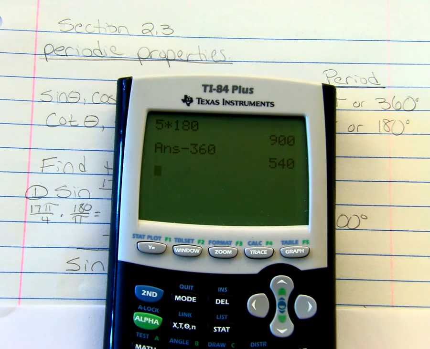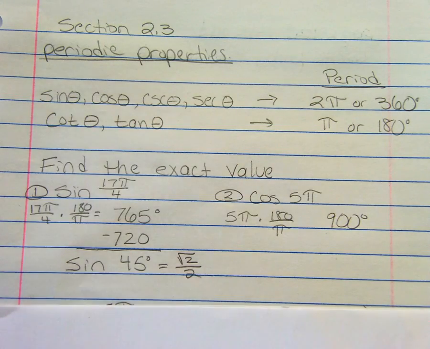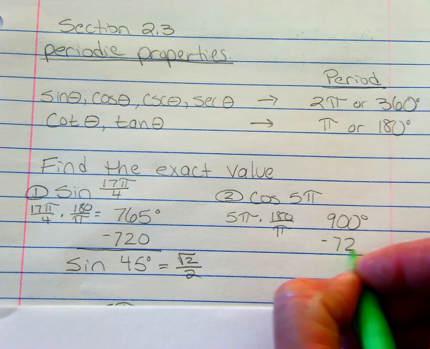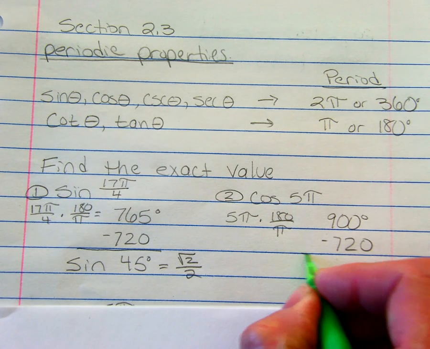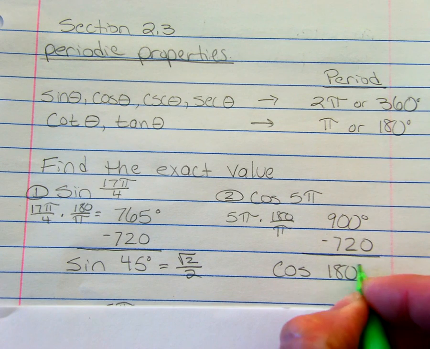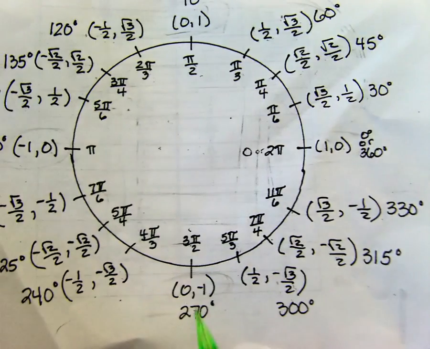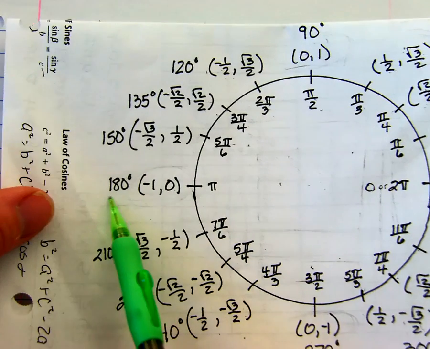That didn't work. And that'll do it down to 180. So I subtracted it off twice. So I'll be looking for the cosine of 180 degrees. Now, go to my unit circle. Cosine is the x value. 180 is over here. X is negative 1.